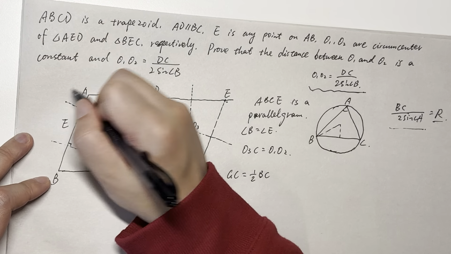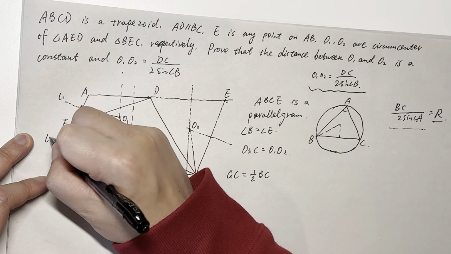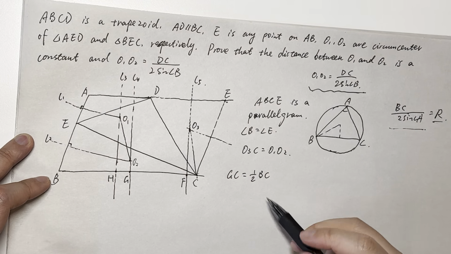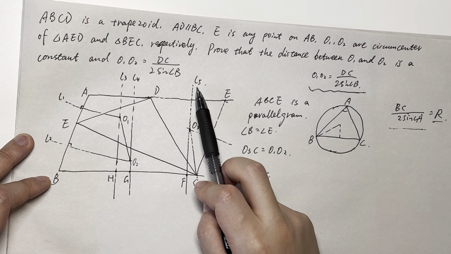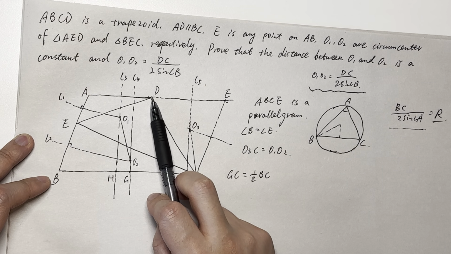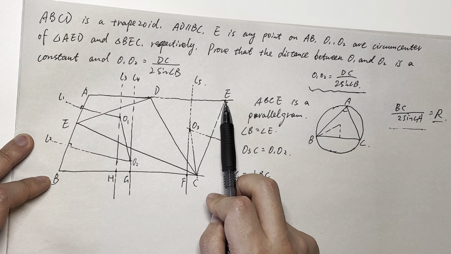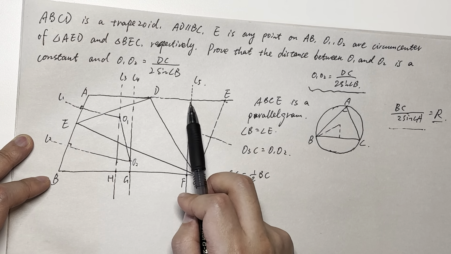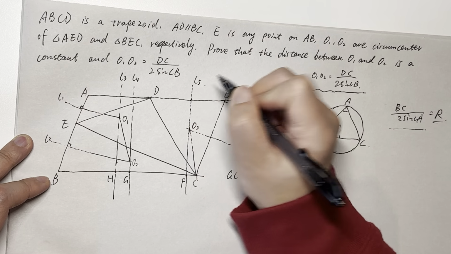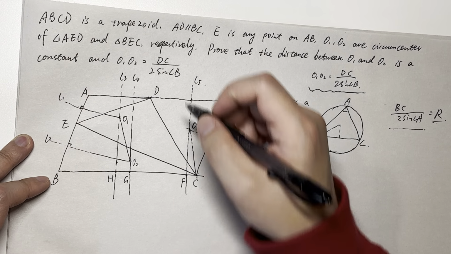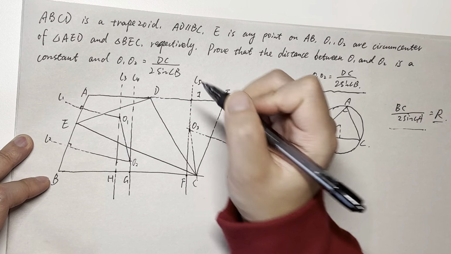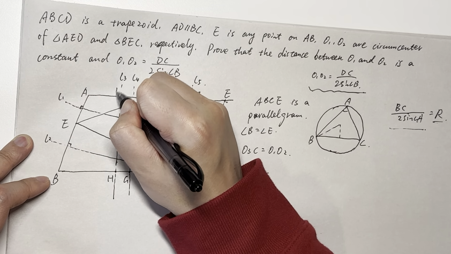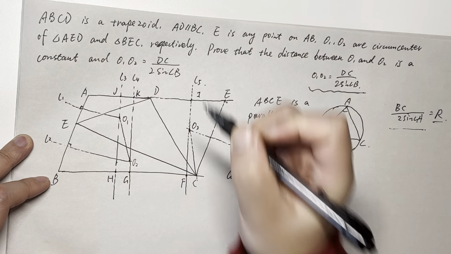And if we give the names of these lines L1, L2, L3, L4, L5, we know that because L5 is the perpendicular bisector line of DE, the distance from D to L5 is this distance. Let's just mark it. Right, so DI and J.